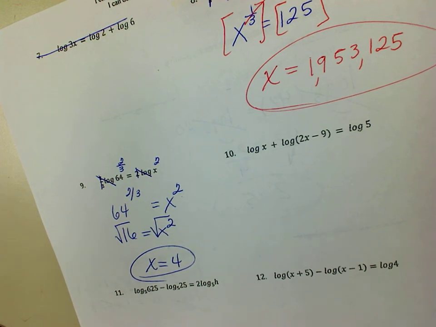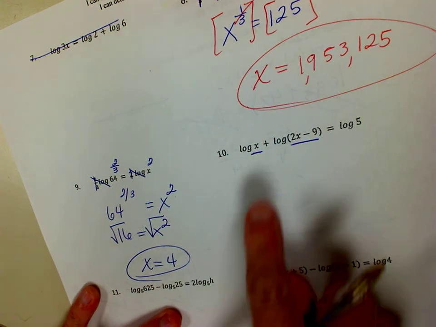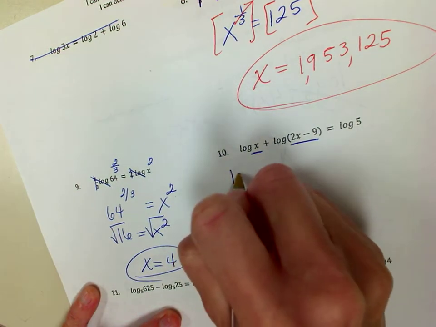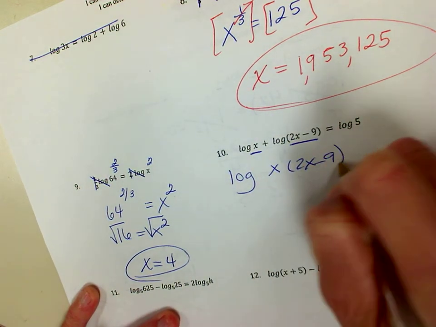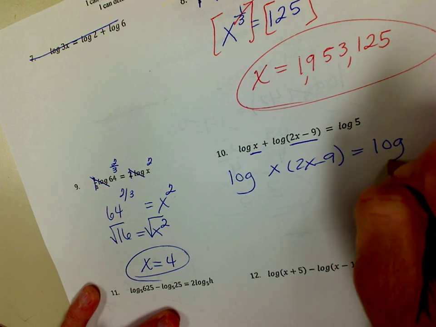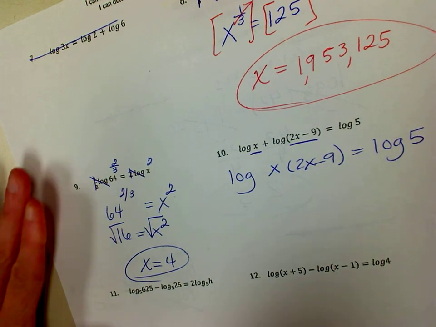All right, moving on to number 10. Okay, so I'm going to condense. This addition sign means to multiply. Okay, my logs are going to cancel out.